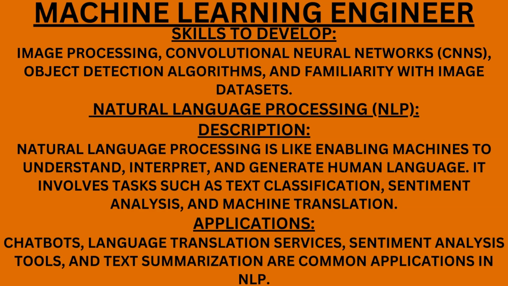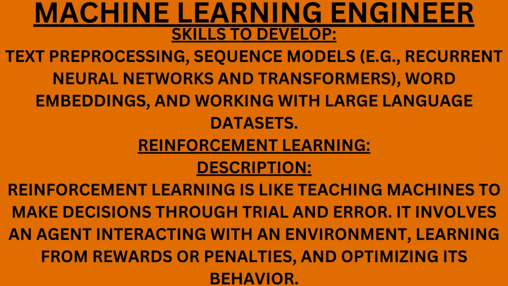Chatbots, language translation services, sentiment analysis tools, and text summarization are common applications in natural language processing. Skills to develop. Text pre-processing, sequence models, that is recurrent neural networks and transformers, word embeddings, and working with large language datasets.